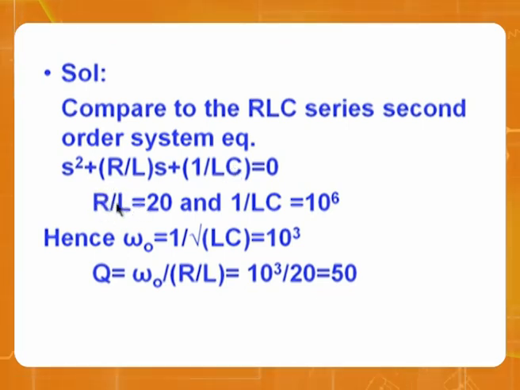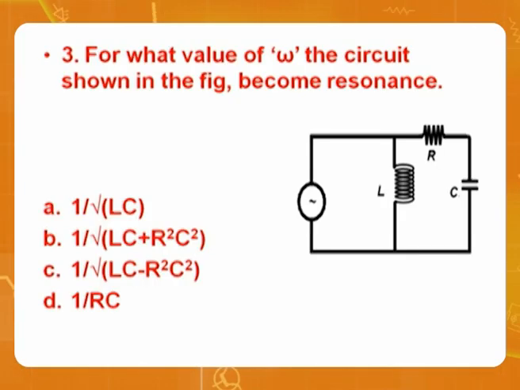Generally bandwidth, that is 20. 1 by LC is 10 power 6. If you compare this standard equation with the values given for bandwidth and 1 by LC, finally what will be omega naught? 1 by root LC. So if 1 by LC is 10 power 6, omega naught is 10 power 3, and quality factor will become 50.